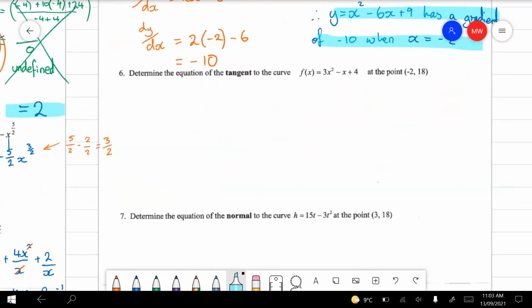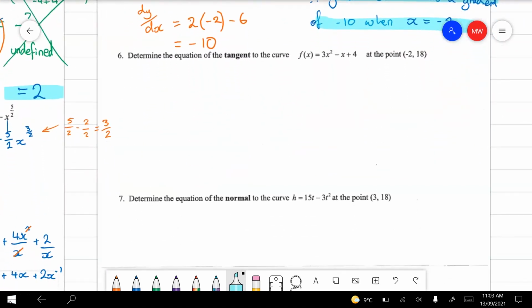Okay, something new for us that we haven't talked about in class yet is the tangent to the curve. So what we might do is draw what I mean by this. If we have a Cartesian plane, we'll just move this stuff out of the way so it doesn't bother us when we're learning this.